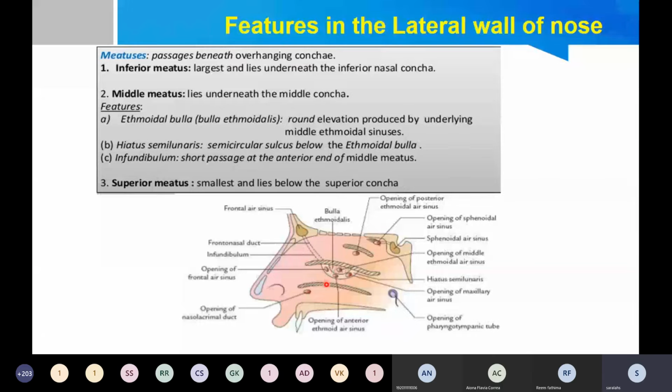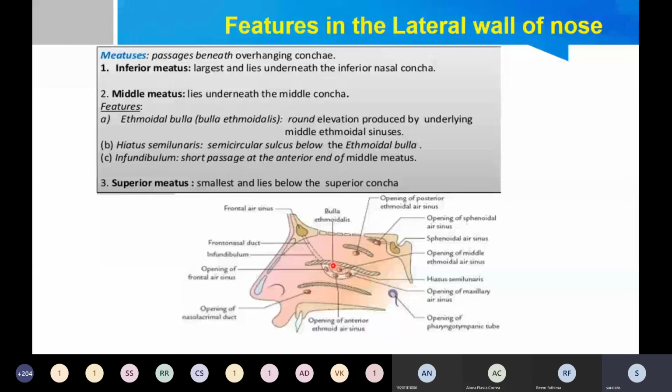In the middle meatus, if you observe this area, there is a rounded elevation. You can follow the text here. The rounded elevation just underneath the middle concha is called the bulla ethmoidalis. Why is this bulla ethmoidalis formed?